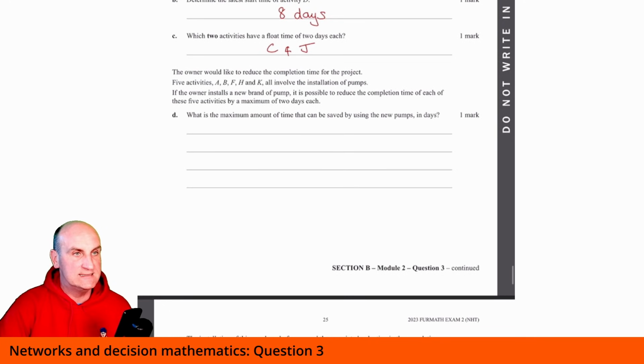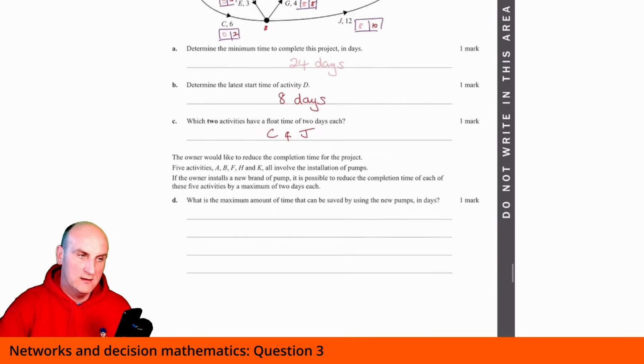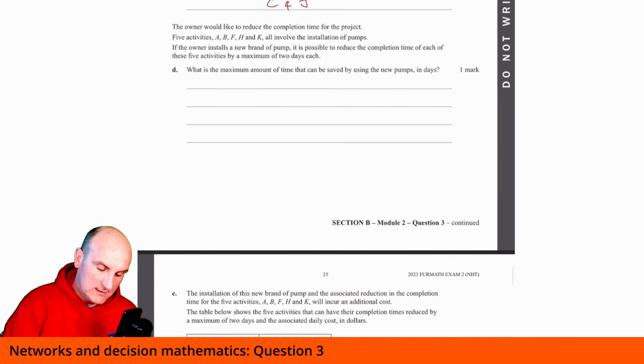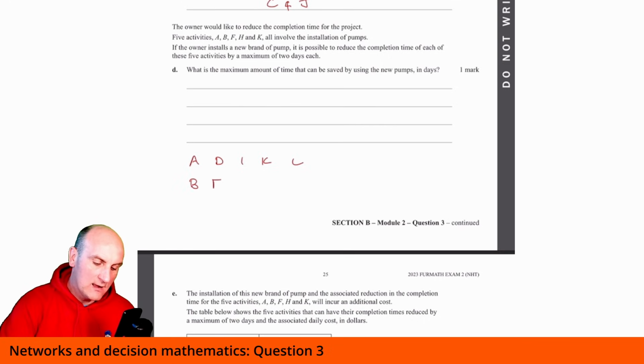So what have I got? A, D, I, K, and L. Okay, so A, D, I, K, and L. What have I got there? B, A, D, then B, F, H, K, L. So B, F, H, K, and L. And then B, E, G, H, K, and L. Let's just move these up a little bit.